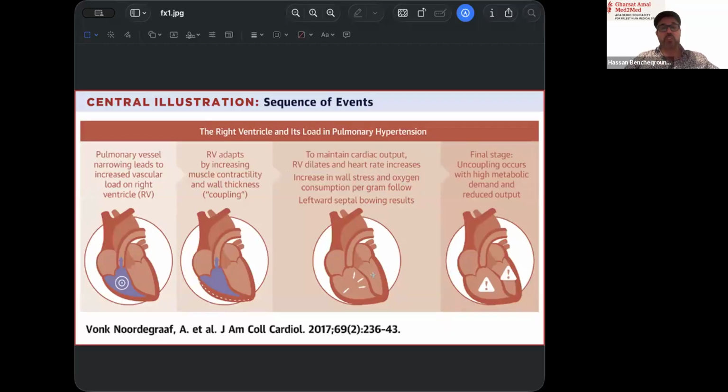If pulmonary hypertension persists over time, this is only a temporary compensation mechanism. Eventually, what you see is the left ventricle, which in order to contract, contracts against what we call the interventricular septum, right?